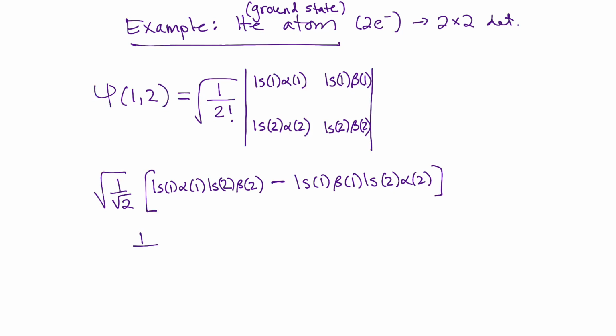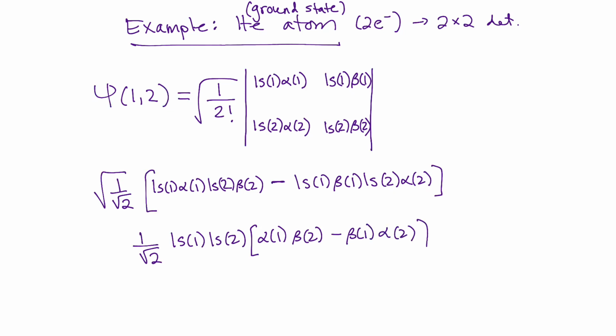So we would have 1 over the square root of 2 times 1s1, 1s2, and then we have our spin, so here we'd have alpha 1 beta 2 minus beta 1 alpha 2.